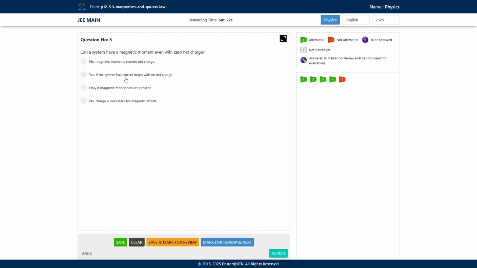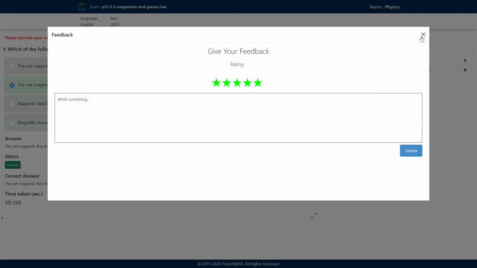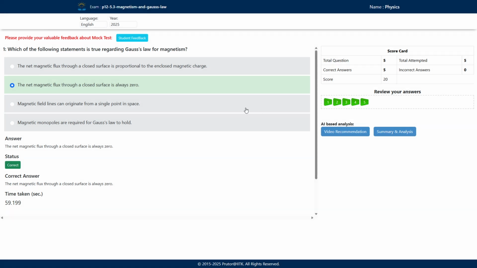Or yes, if the system has current loops with no net charge. Or only if magnetic monopoles are present. Or no, charge is necessary for magnetic effects. So all answers are correct.